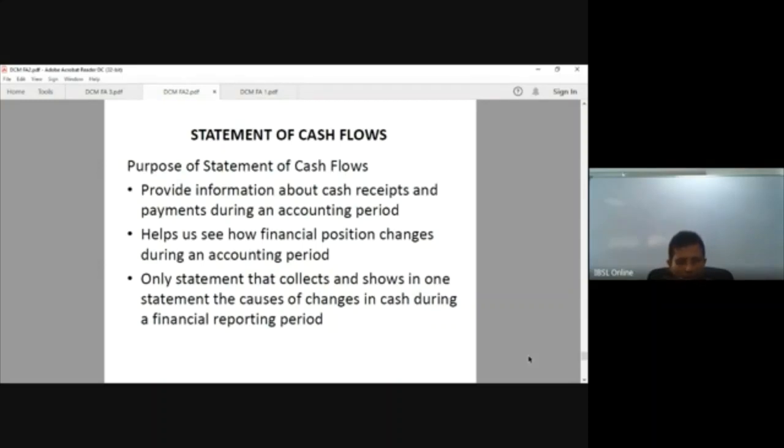Similarly, for an expense, whether it is paid or not, we consider that amount as an expense if it is incurred during the particular financial year. Therefore, the cash concept is ignored in preparing financial statements under the accrual concept. But the cash flow statement is prepared based on the cash concept. We only take cash receipts and cash payments, in three main categories: operating activities, investment activities, and financing activities.